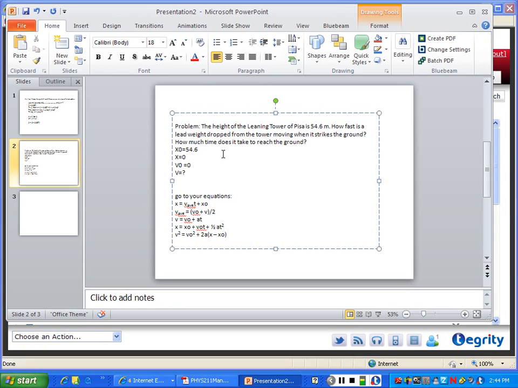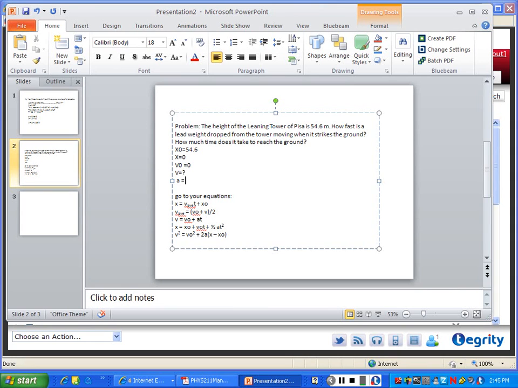What is the acceleration? Well, I don't really want capital A there, but that's what this program is doing. A equals. Because we have a one-dimensional problem here, and we've designated the ground as 0 and the top of the tower as 54.6, we've inherently said that the upward direction is positive, haven't we?